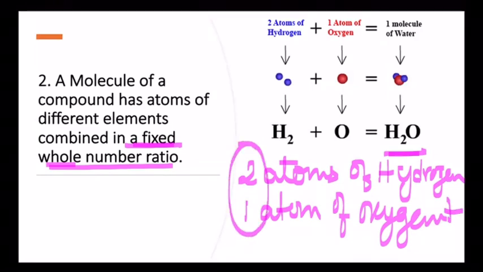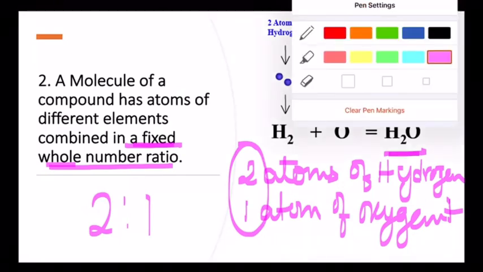This is the ratio, always 2:1. This never changes. For all the molecules of water, it is the same ratio: 2 hydrogen, 1 oxygen atom. Let's move on to the next slide.